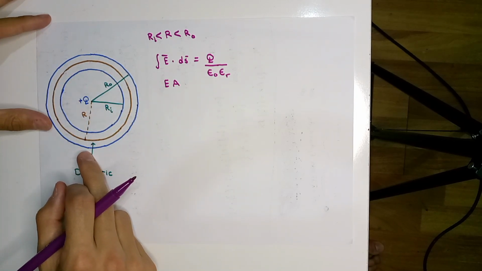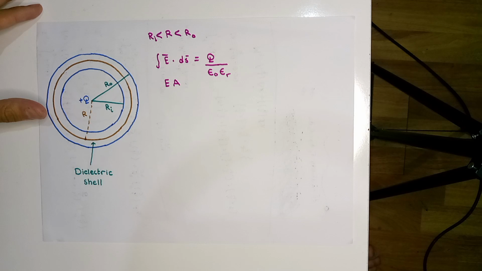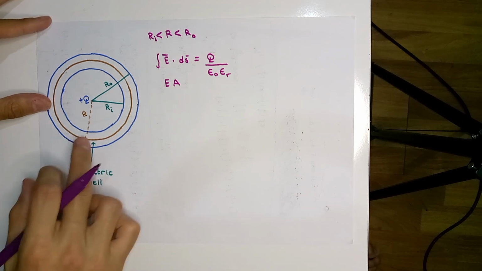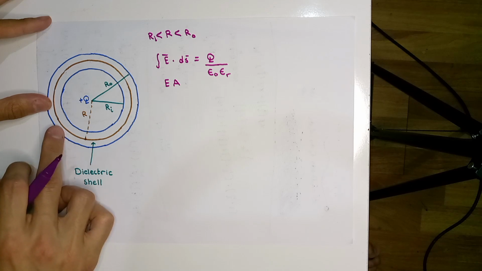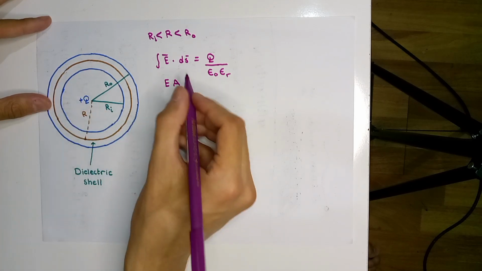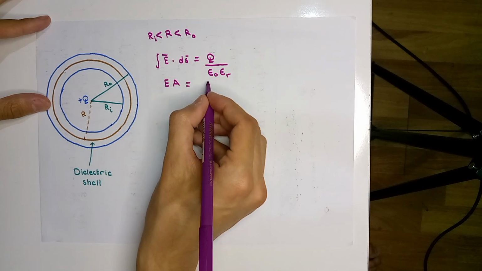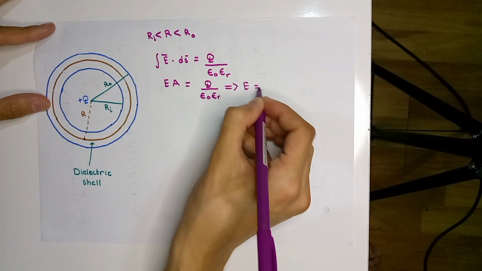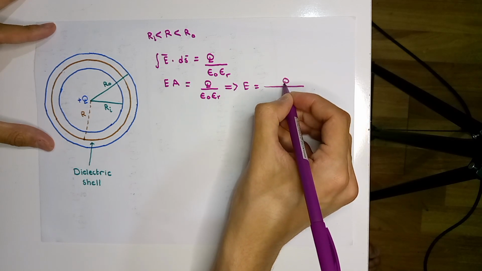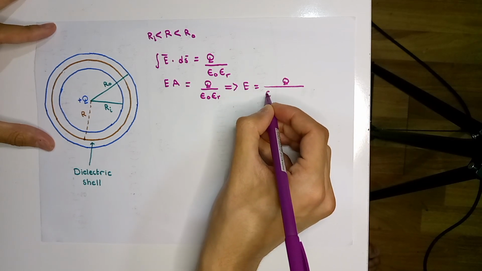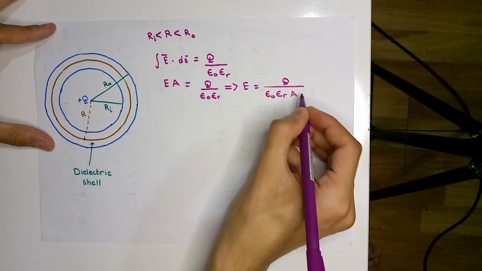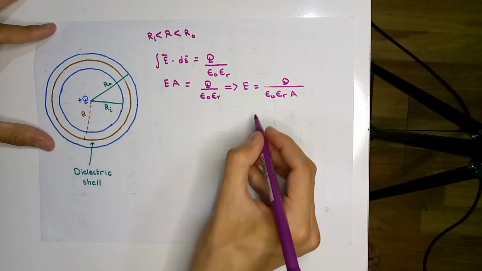I forgot to say that we will do the same procedure that we did before. We are going to draw another Gaussian surface in the region between there, and the electric field is equal to Q over epsilon sub 0 times epsilon sub r times A, the area of the Gaussian surface.